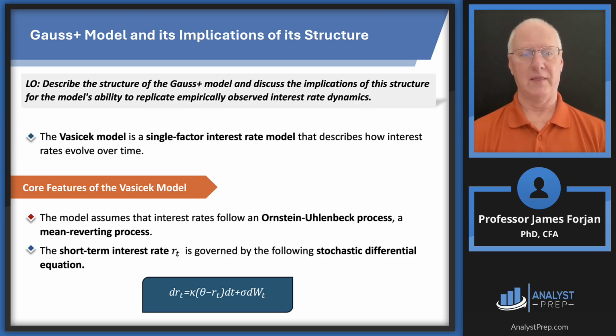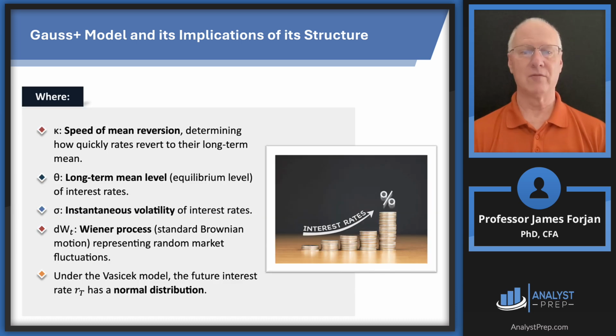So there's the Vasicek model down at the bottom, and it is a stochastic differential equation. That sounds super important. All it means is that what we're trying to do is figure out changes of a continuous variable. Now, I shouldn't have to remind you of what each of the notations stand for, but here's a good reminder.